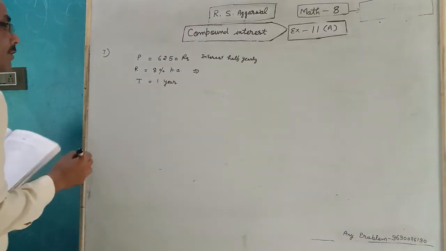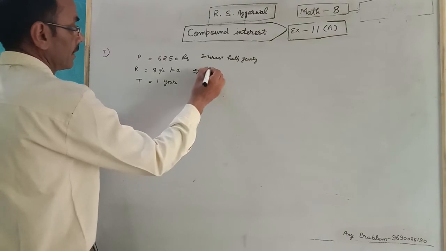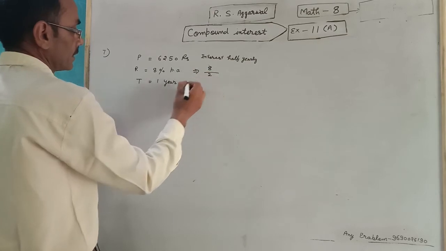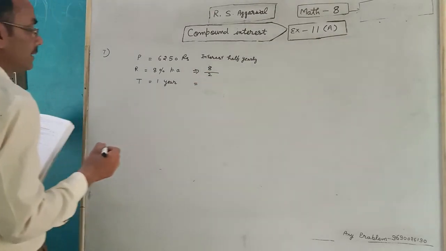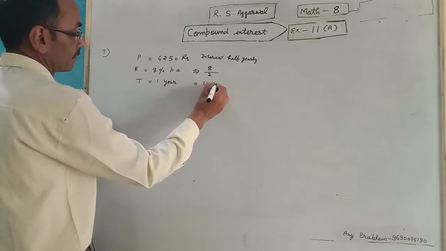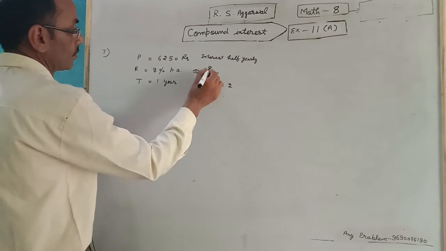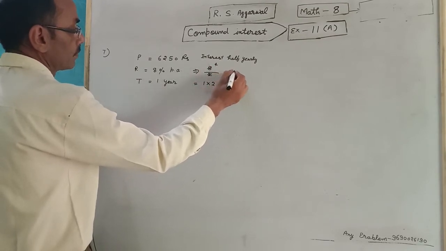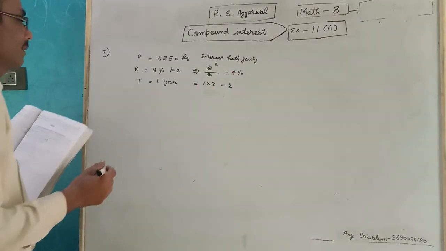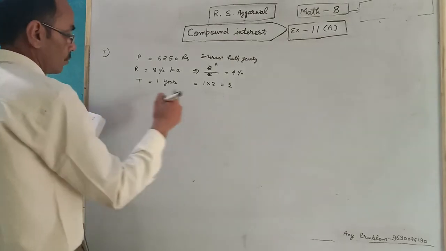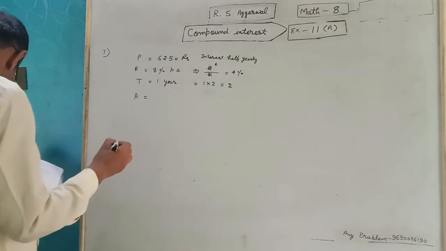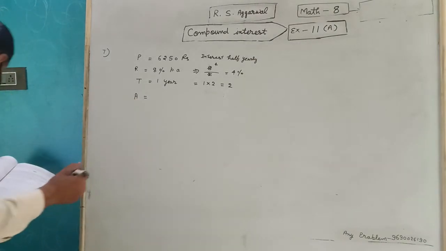So R value will be divided by 2, 8/2, and the year multiplied by 2. 2 1 ja 2, 2 4 ja. 4% will be the value of R and T value will be 2. In the formula, amount is equal to, we find the compound interest.